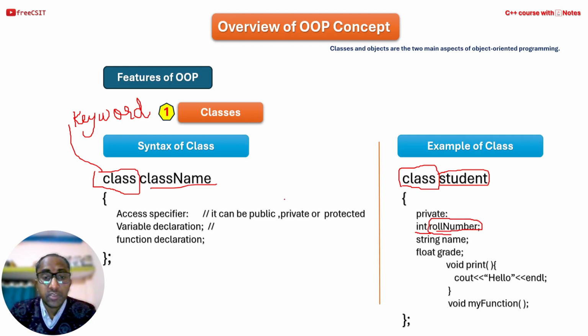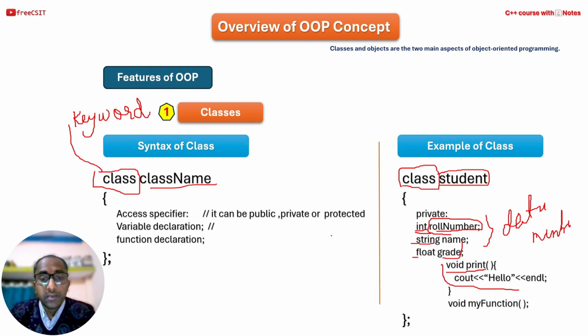String attributes, it means roll number, name, grade. These are the attributes, different kinds of data types, just like integer, string, float. And this is the data member.